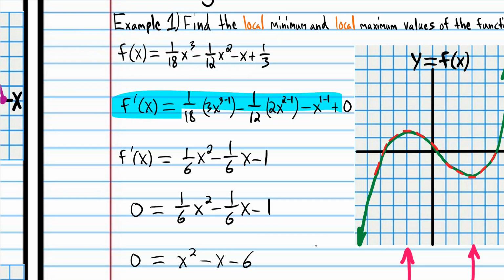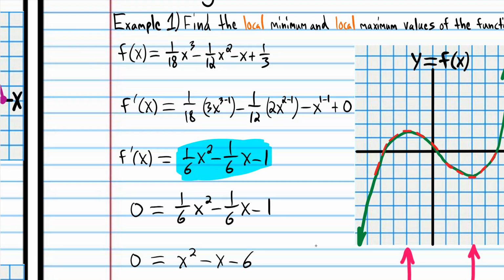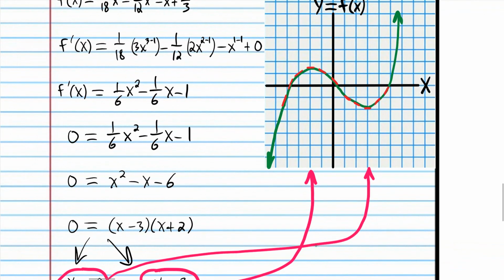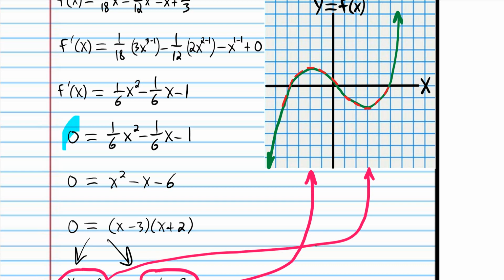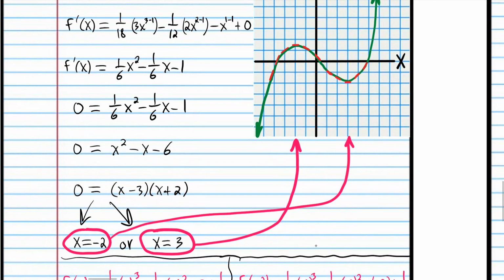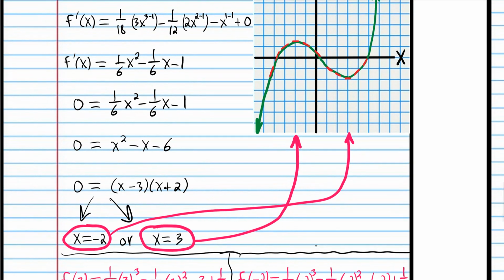We're going to find the derivative, and we simplify and get to this expression here. Then we're going to set that derivative function equal to 0, and we're going to solve for x. And guess what we find?